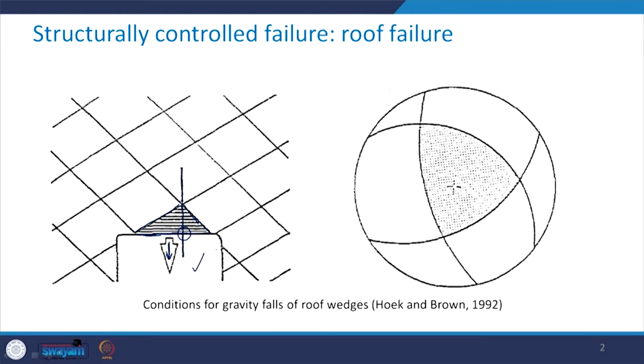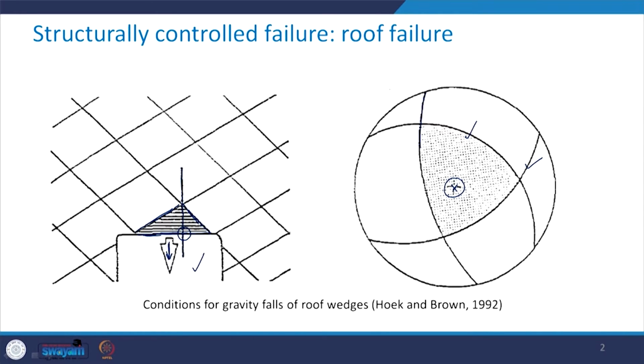And how the stereo plot can help us in identifying this situation is that we draw these three great circles, first, second and third, representing these discontinuity planes, and the center of this net is representing this apex.